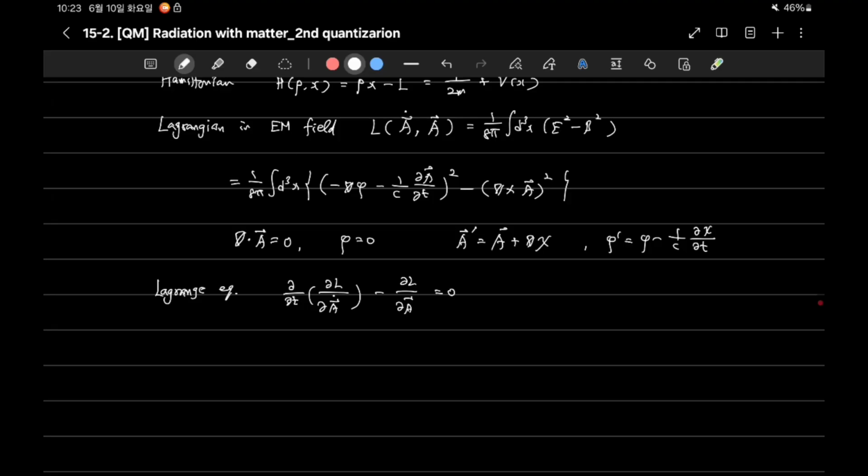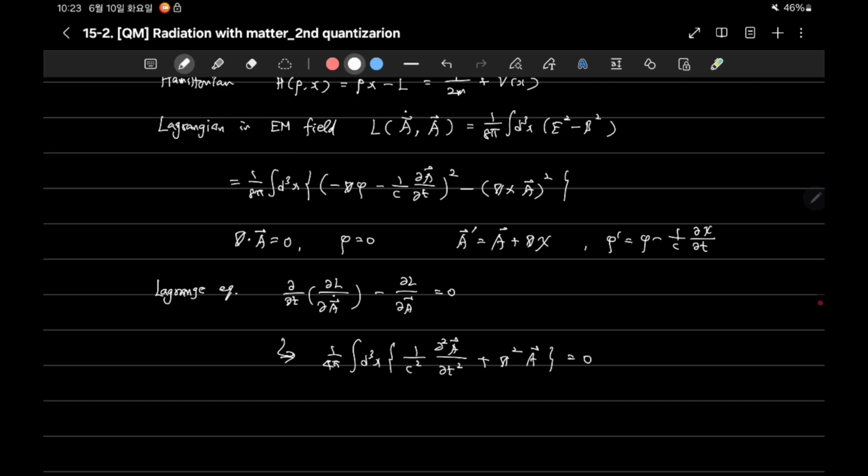The result of the Lagrange equation is that 1 over 4 pi volume integration with 1 over c squared partial squared A partial t squared plus Laplacian A equal to 0.